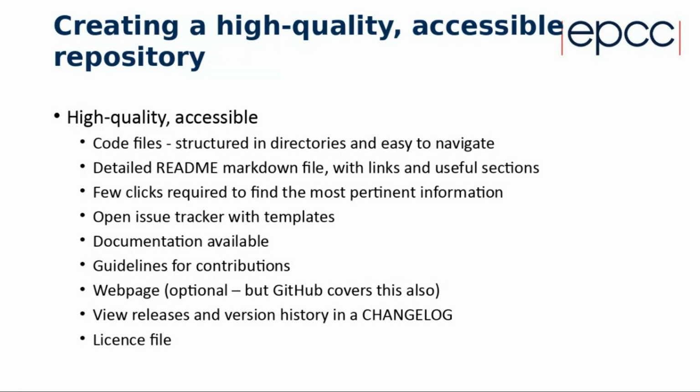I know there's some computer interaction theory which says nothing should be more than 3 clicks away, something like that. So that's a good metric to keep in mind. The issue tracker should be free for people to use, and not locked away. And ideally, providing templates helps to reduce any issues when issues are being raised.